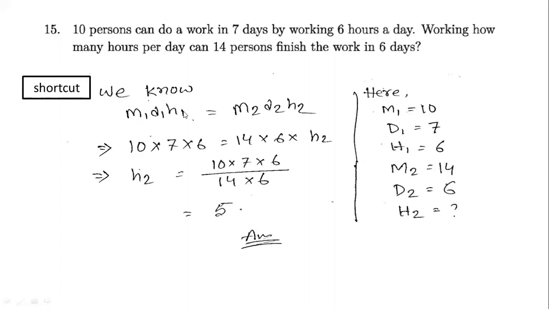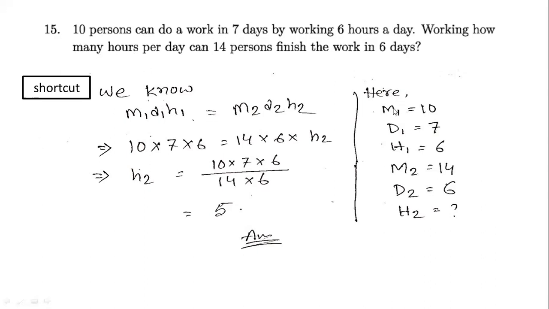We will give you a shortcut formula, that is M1D1H1 equals M2D2H2. First part M, that is man, 10 men, so M1 equal to 10, D1 equal to 7, and H1 equals 6. Here D2 equal to 6, M2 equal to 14, and H2 we have to find.